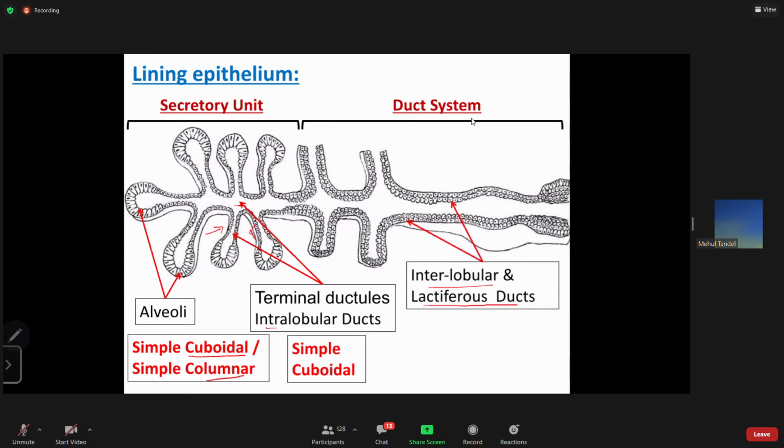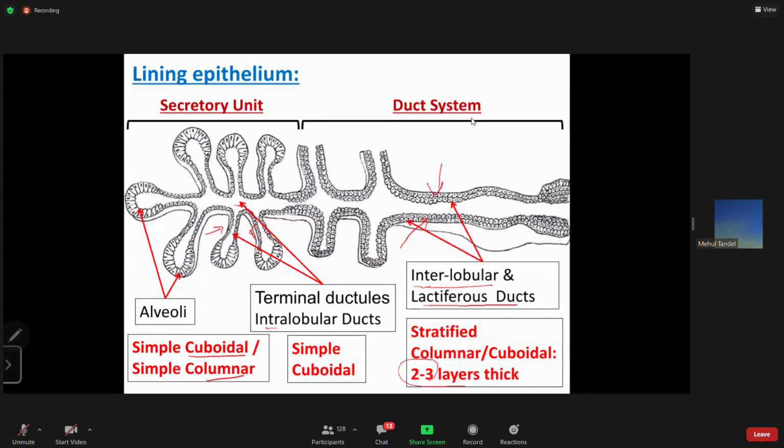Both these ducts are lined by stratified columnar or cuboidal epithelium, multi-layered. So remember, alveoli are lined by simple cuboidal or columnar epithelium. Terminal ducts and intralobular ducts are lined by simple cuboidal epithelium, and interlobular and lactiferous ducts are lined by stratified columnar or cuboidal epithelium, mostly 2 to 3 layers thick.